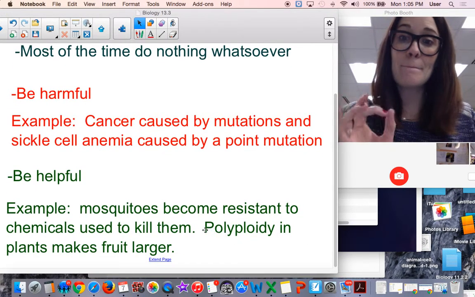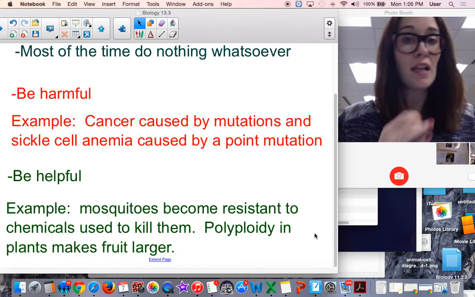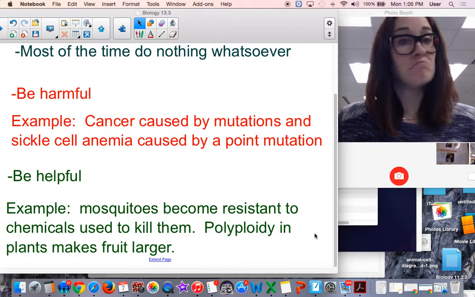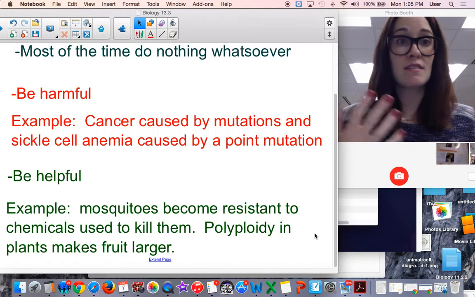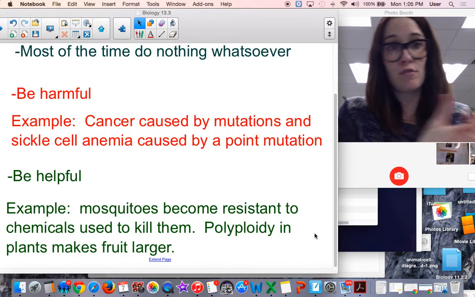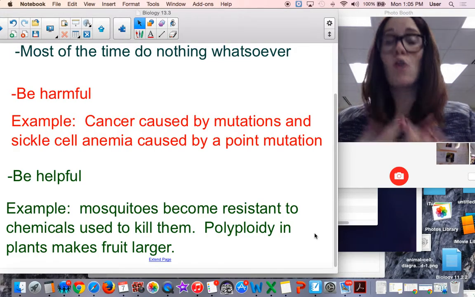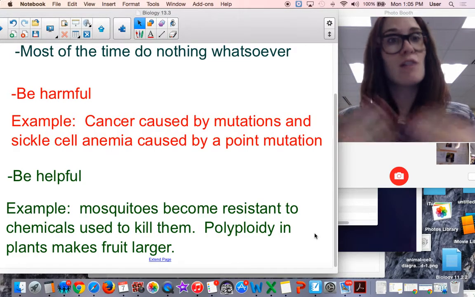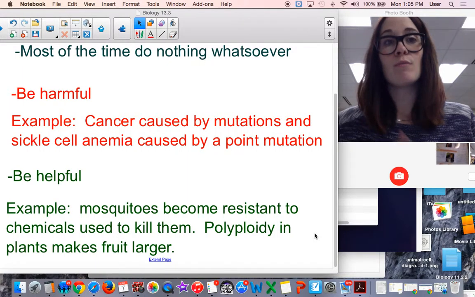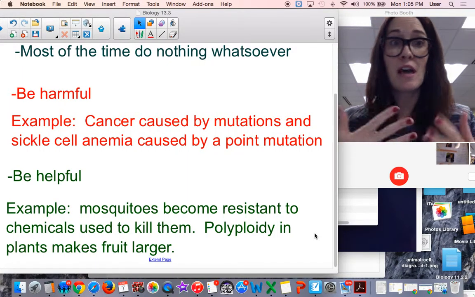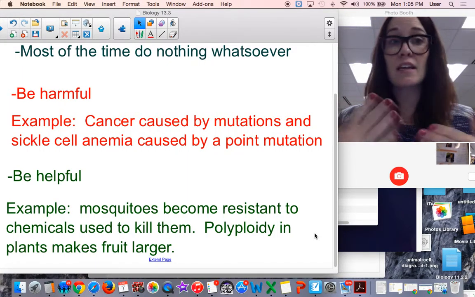But in plants that make fruit, polyploidy can be a good thing. More chromosomes, geneticists actually cause fruit to be polyploids to make the fruit larger. Why would larger fruit be a good thing? More food. So it's GM crops, genetically modified.